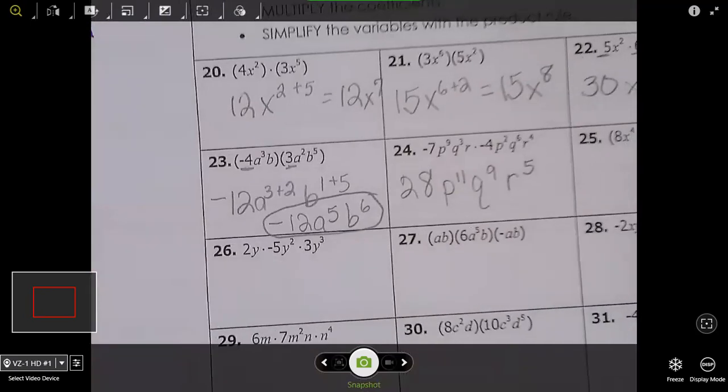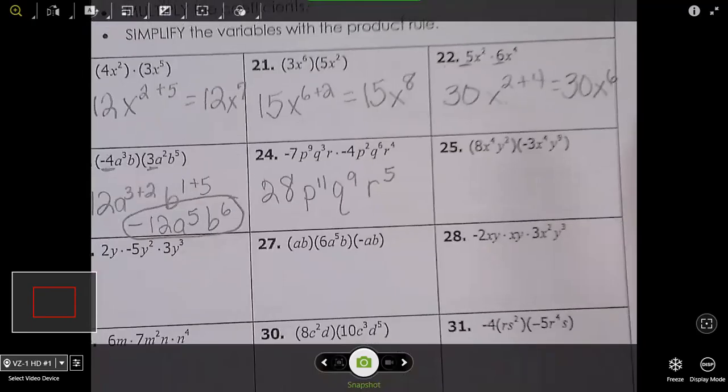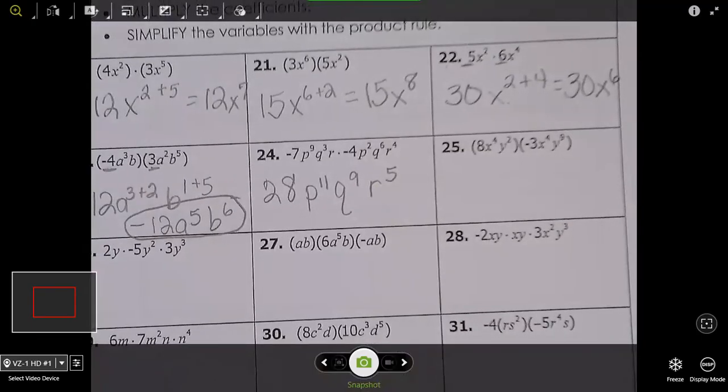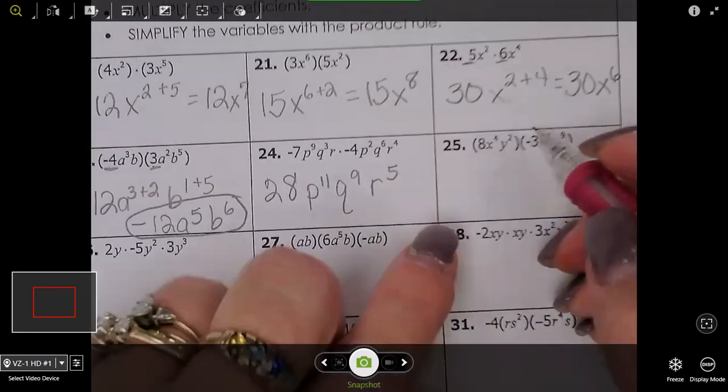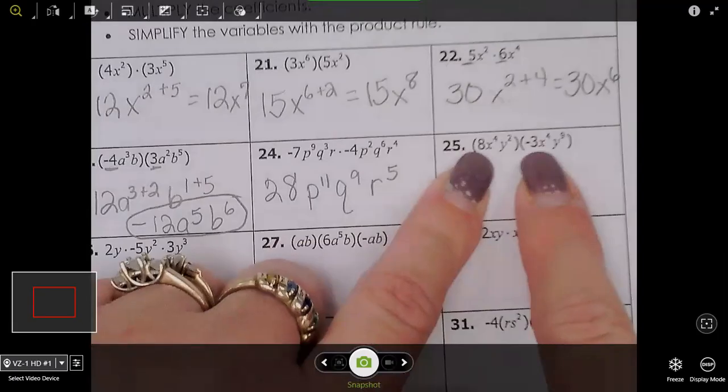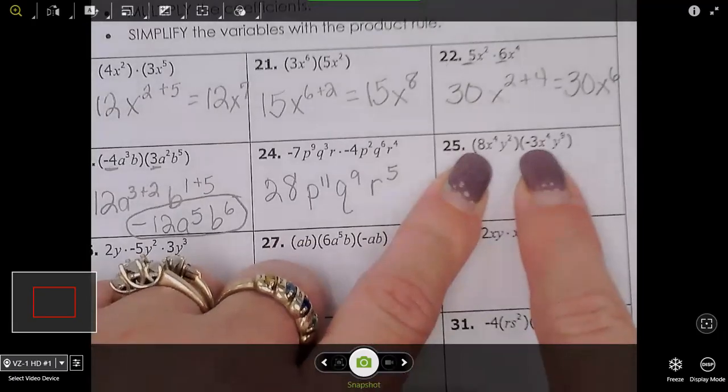Okay, try the next one, number 25. Okay, so the Queen. Philip, you tell me what 8 times negative 3 is.